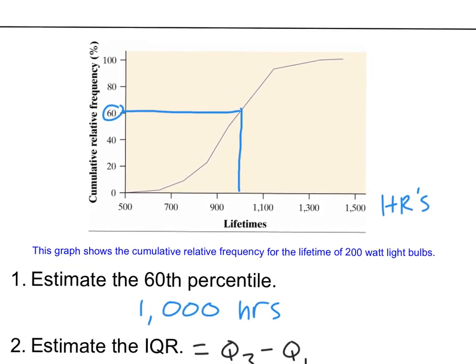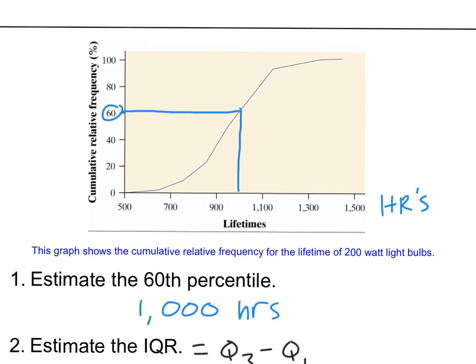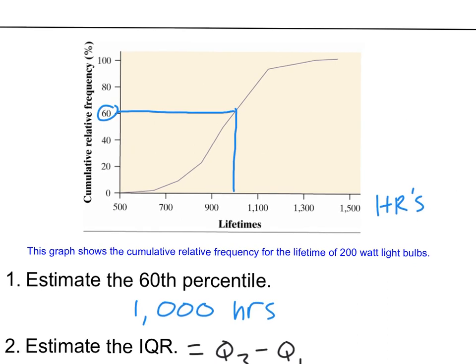Let's head back up here. This one's a little bit tougher to do. I'm going to say 75 is like right here. 25 is like right here. It's just an estimate. Oh, it's between 700 and 900, but it's closer to 900.